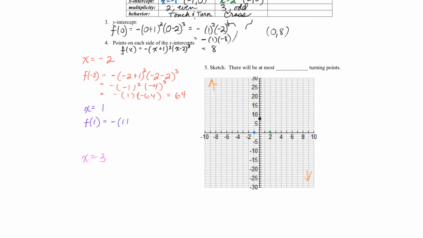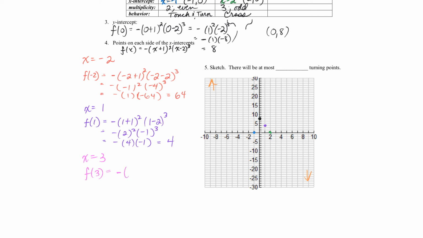So now let's go ahead and evaluate at x equals 1. The opposite of (1 plus 1) squared times (1 minus 2) cubed. It's the opposite of 2 squared times negative 1 cubed. So the opposite of 4 times negative 1 is 4. So that one I can plot. (1, 4), right there. So that's some more good information for me. And then x equals 3.